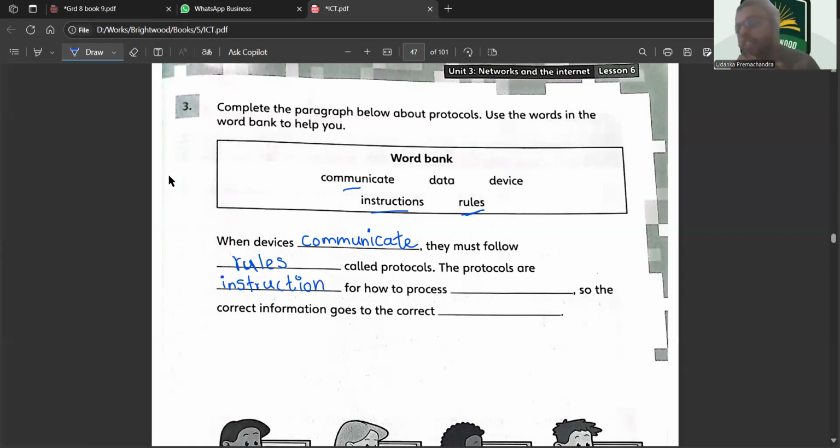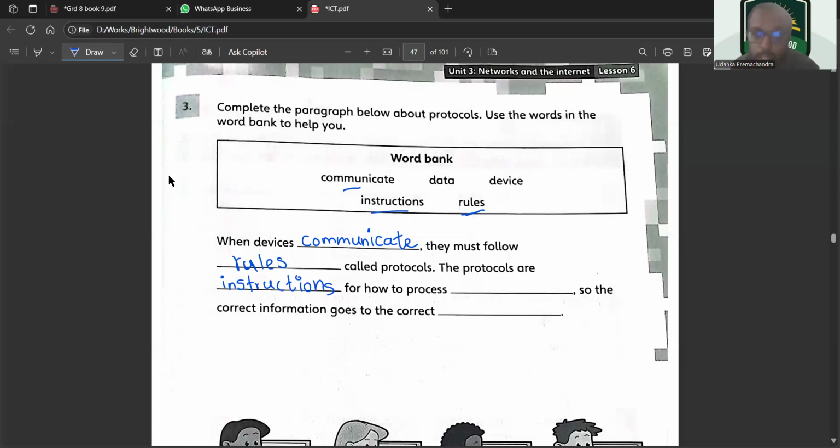So that blank should be what? These protocols are giving instructions, plural. Giving instructions for how to process what?